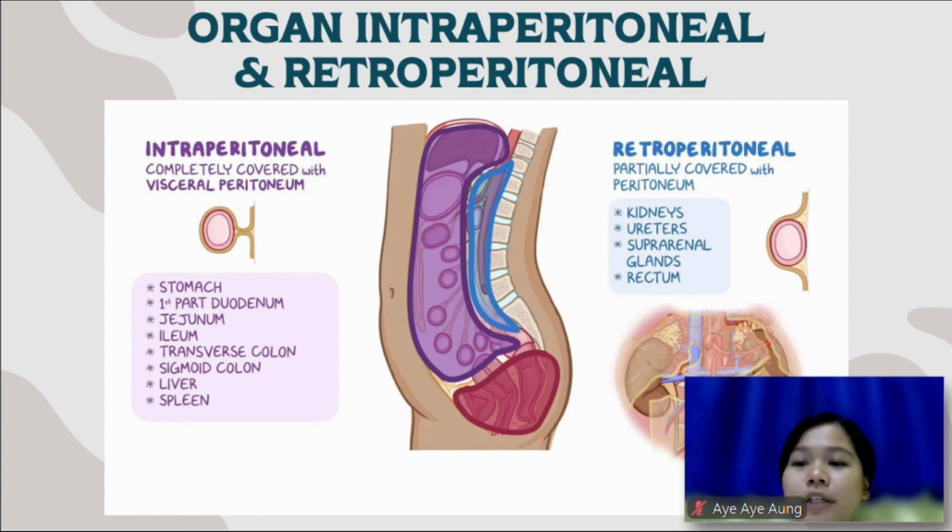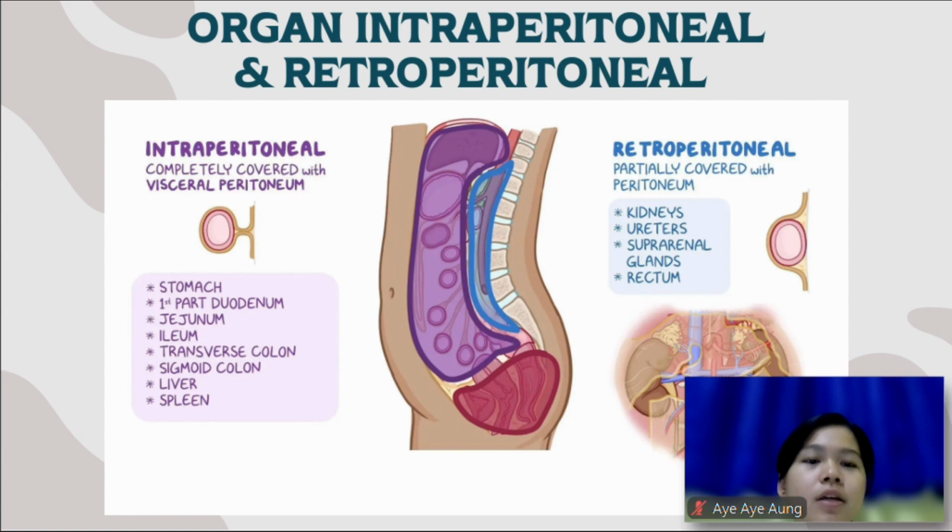So the examples include the stomach, that is liver, the stomach, liver, and the spleen. Spleen is maybe around here, and then jejunum, ileum, which is the small intestine around here, and then transverse colon and sigmoid colon, which should be here.